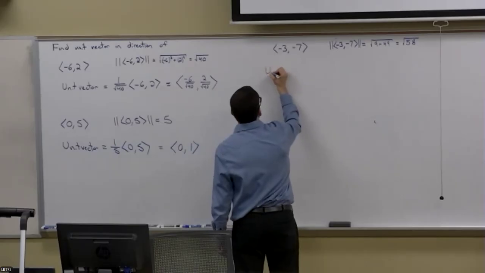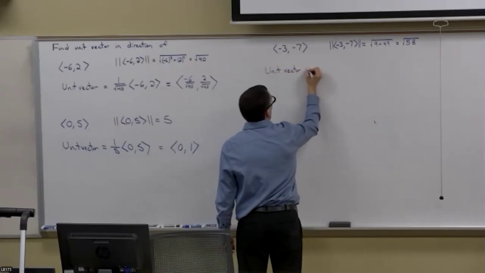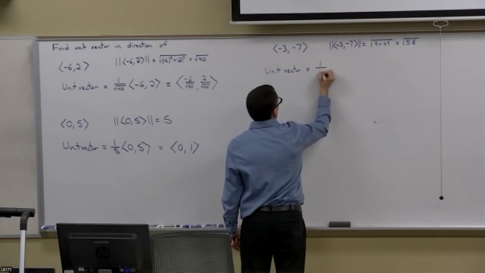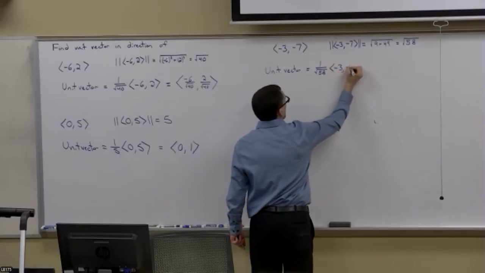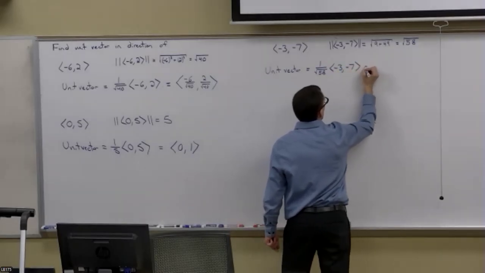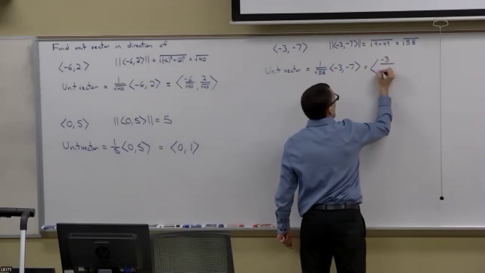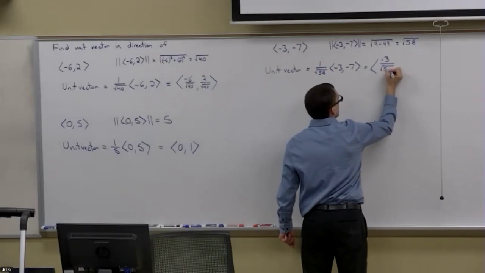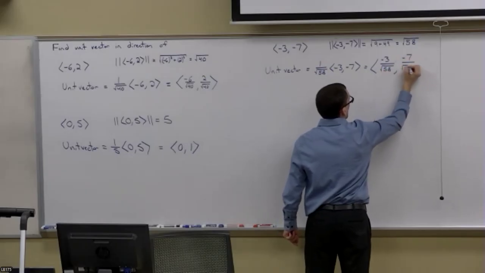So the unit vector in that same direction is 1 over the square root of 58 times -3, -7. That's -3 over the square root of 58, comma, -7 over the square root of 58.